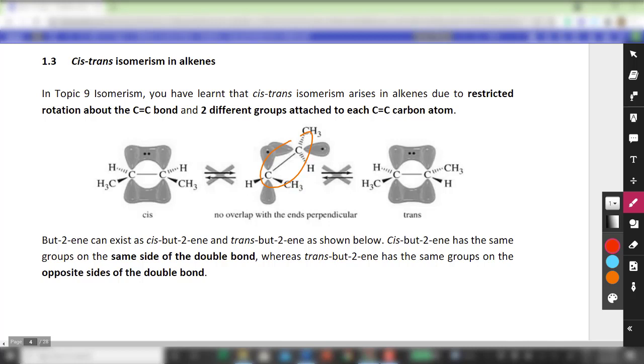Remember that for alkanes, all the CC single bonds, if it's a straight chain, can undergo unobstructed free bond rotation. The free bond rotation gives it the flexibility to take on different conformations. But for an alkene, it is not possible because of the CC double bond. It locks it up in a certain configuration.